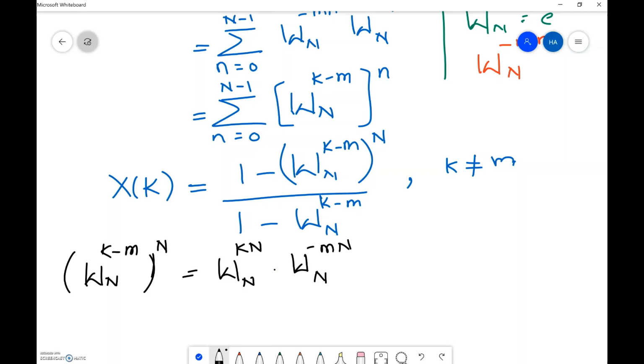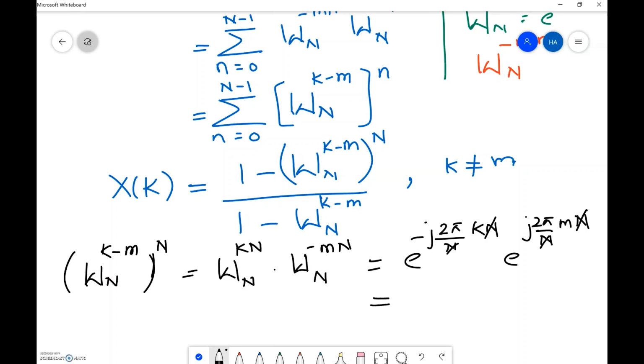Each of the terms, isn't it equal to 1? Right? What we had written previously. So e power minus j 2 pi by N, if you substitute for the twiddle factors, e power plus j 2 pi by N m into capital N. So capital N is getting cancelled in both the places.